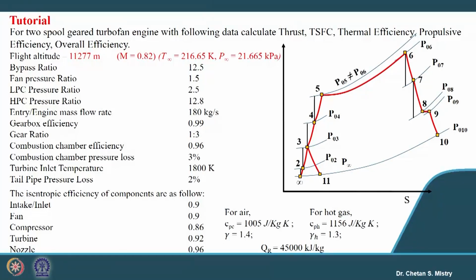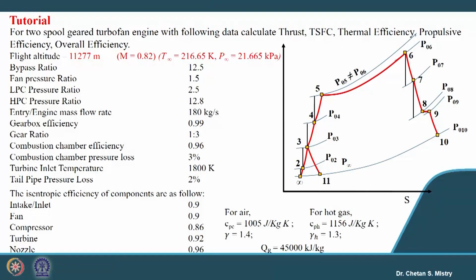The gearbox efficiency is 99%, my gear ratio is 1:3, combustion chamber efficiency we are considering 96%, and the pressure drop in the combustion chamber is 3%. Turbine entry temperature we are considering 1800 Kelvin, tailpipe pressure drop is 2%, and the isentropic efficiency is 90% for the intake, 90% for the fan, 86% for the compressor, 92% for the turbine, and 96% for both nozzles.